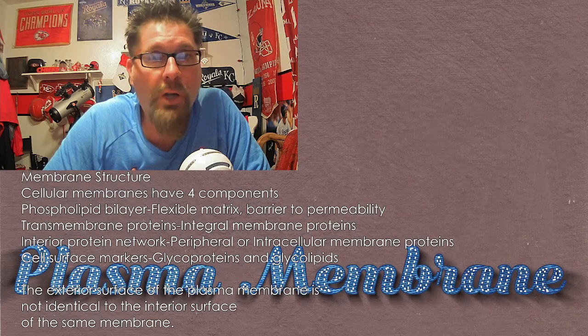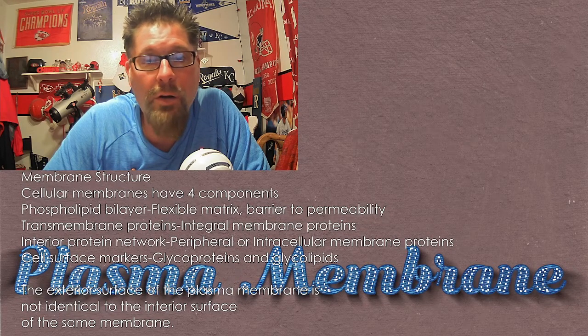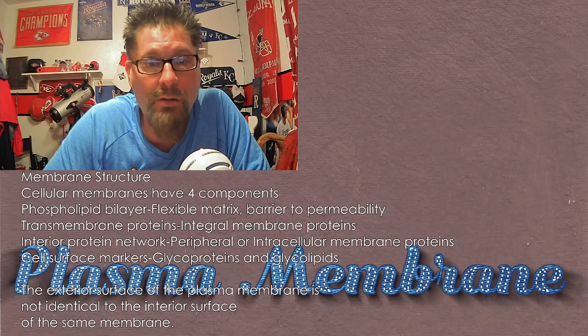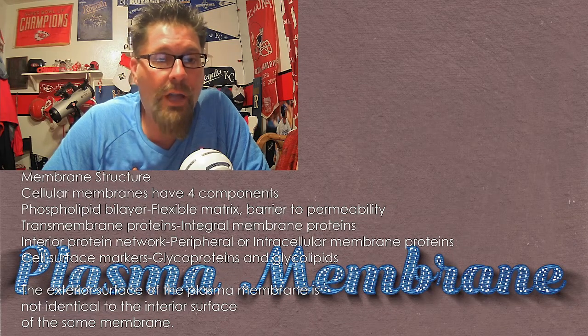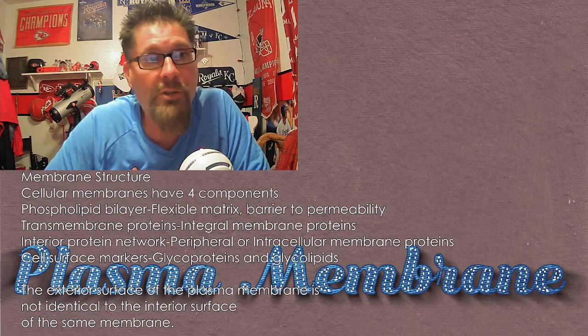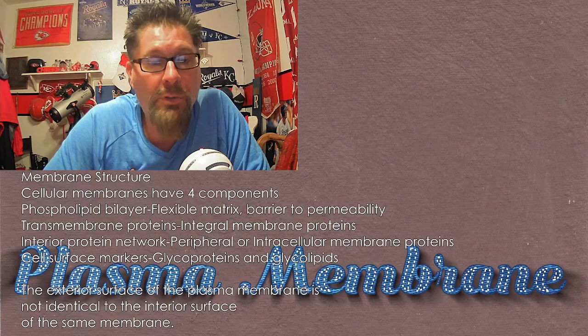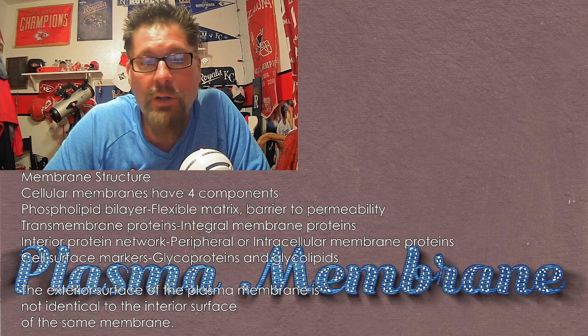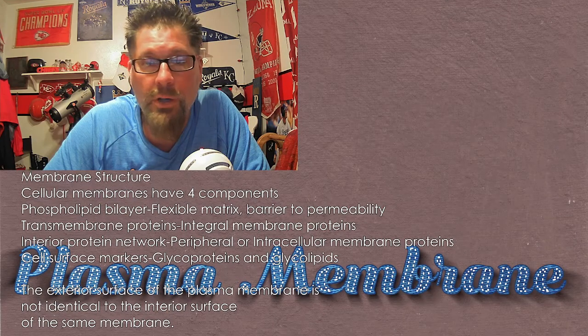But it's also not symmetrical. Okay, the top layer, or that faces the outside of the cell, is not the same as the layer on the inside of the cell. We talked about cytoskeleton stuff and extracellular matrix stuff in our last video series. Those create some differences.